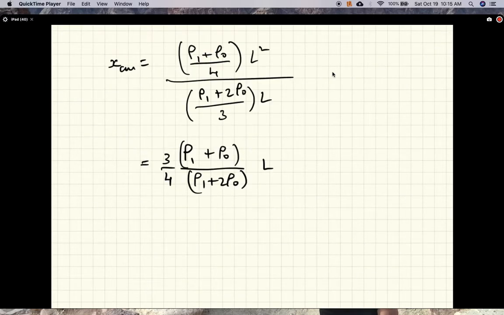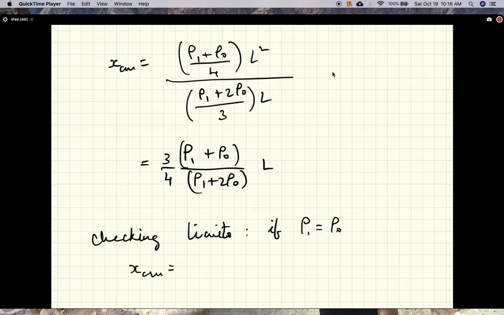So checking limits, if rho 1 equals rho naught, then x center of mass is 3/4 times 2 rho naught divided by 3 rho naught, times L, which is L by 2, as expected.